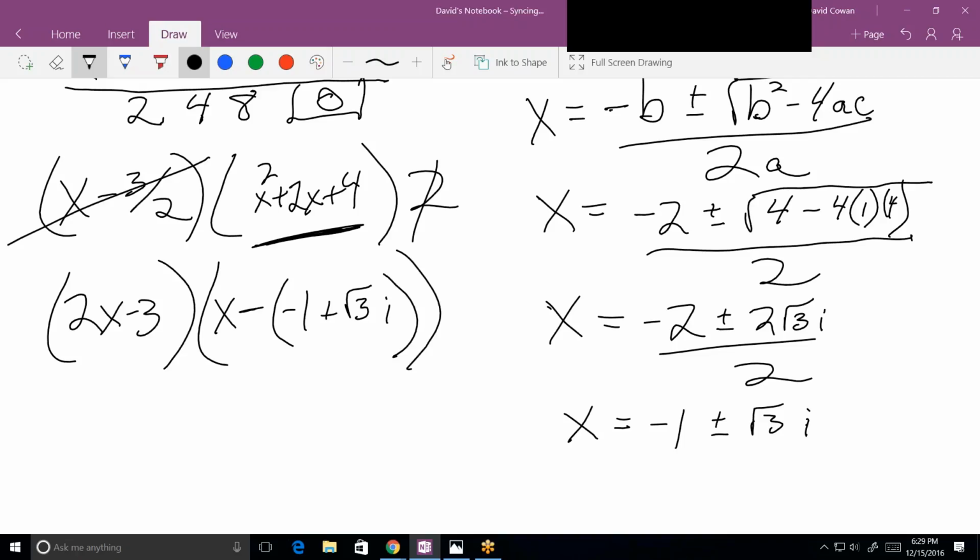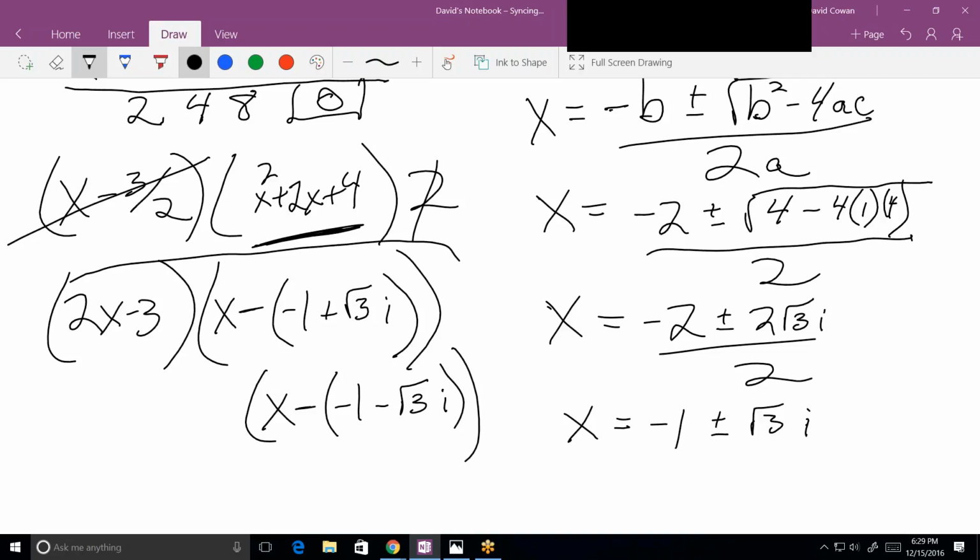And the third factor, which I would write horizontally, but I don't have room, so I'll write it down here, is x minus the other solution, which is minus 1 minus root 3i. So those three factors, if you multiplied them together, would give you your original cubic function.